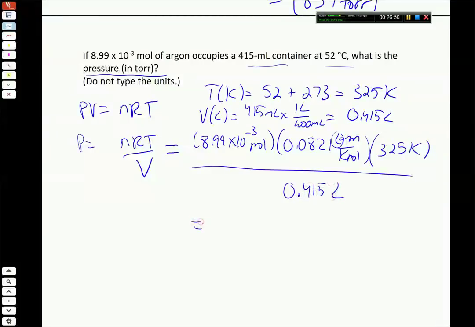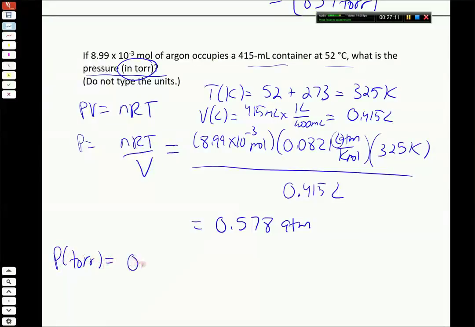And so what this comes out to in atmospheres is 0.578. So that's the pressure in atmospheres, but we want the pressure in torr again. So we have to take this final answer and convert it.